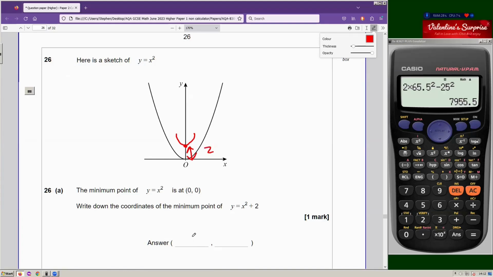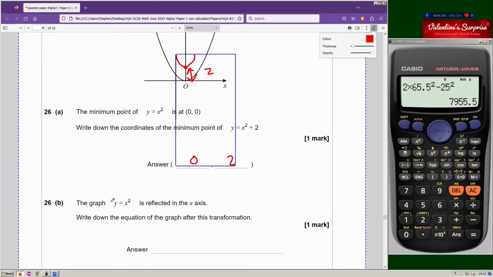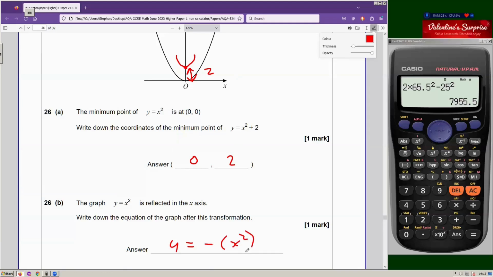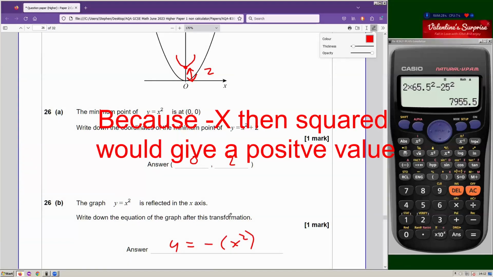So the x stays where it is, 0, and the y becomes 2. The graph y equals x squared is reflected in the x-axis. Write down the equation of the graph after this transformation. I think that's going to be y equals minus x squared. Because if we do minus x and then square it, we're going to have a problem.